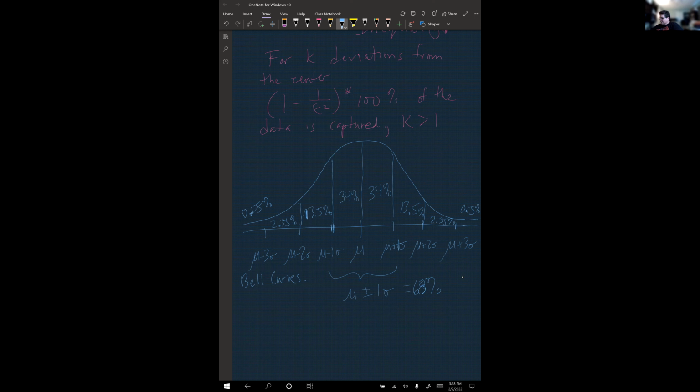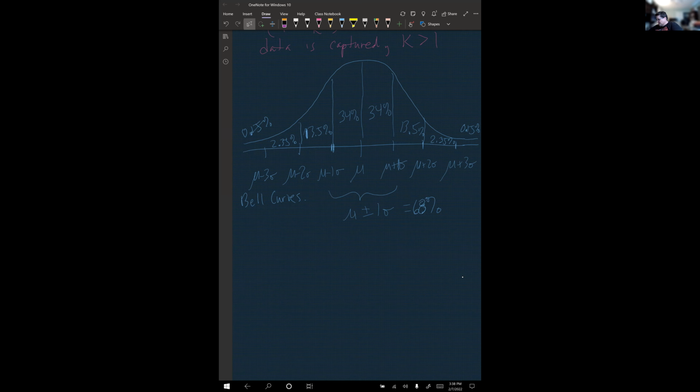If I go out 2, and add up all those numbers between mu minus 2 sigma and mu plus 2 sigma, adding in the 13.5 and 13.5 takes this up to 95%.